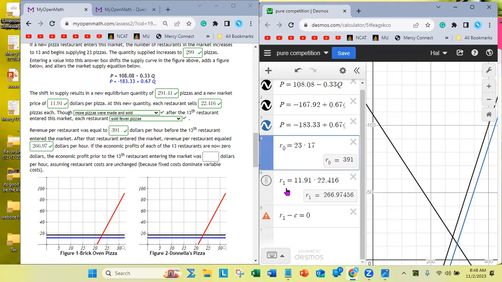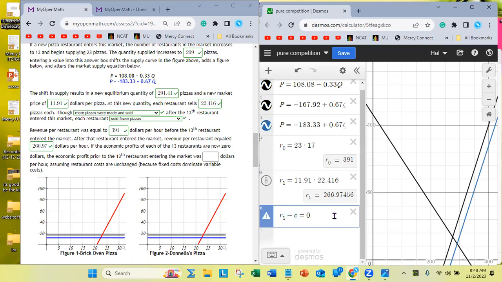This is before and after revenue, right? So R1 here is the revenue after the 13th restaurant enters the market, right? The last one enters, right? 13th. And this is the cost, right? And what we said here is that economic profit is zero, right?